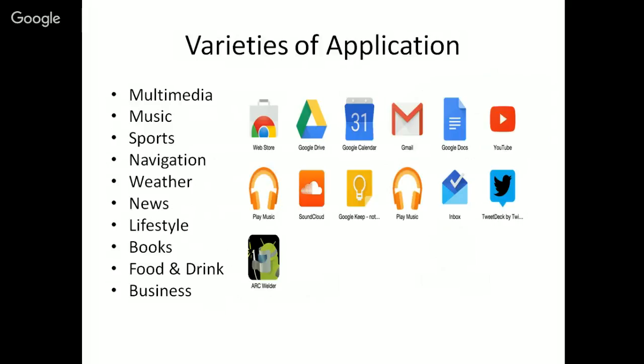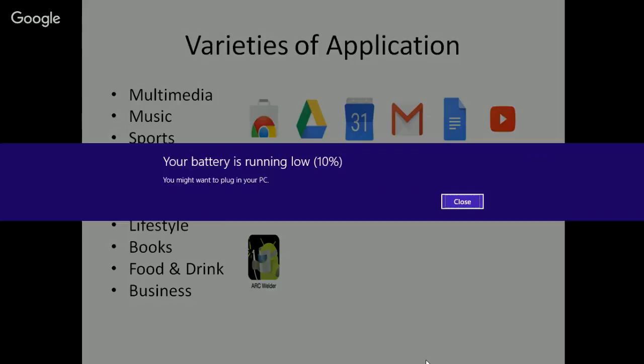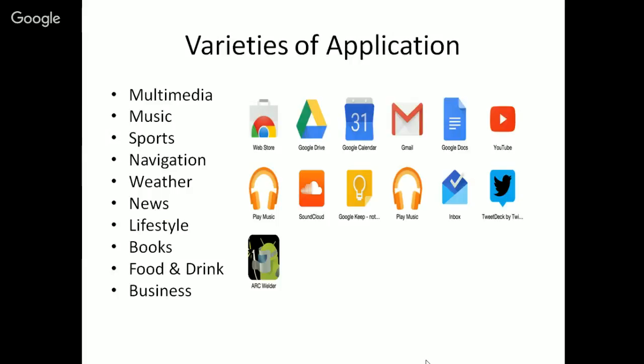In order to become an Android application developer and to know what the varieties of Android application development are, you need to know what sorts of knowledge you need to become an Android application developer.